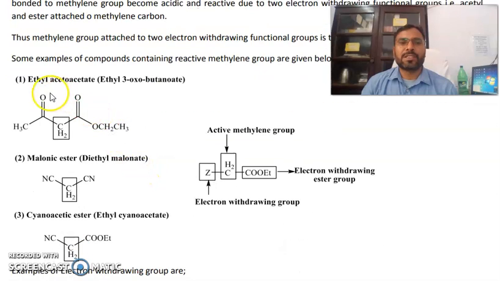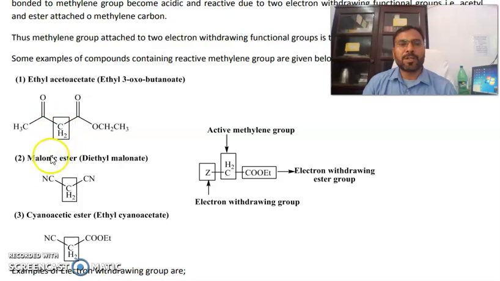This compound is ethyl acetoacetate, or ethyl 3-oxobutanoate, with this CH2 group. Here you can see malonic ester, diethyl malonate, and cyanoacetic ester, this one, and then you can see these compounds as examples of electron withdrawing groups.